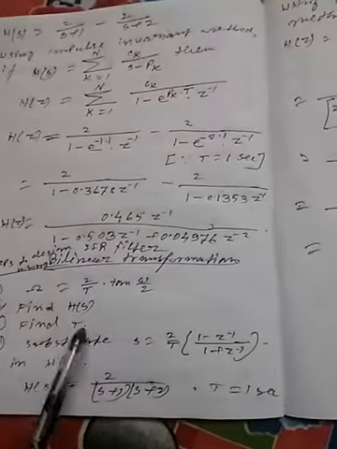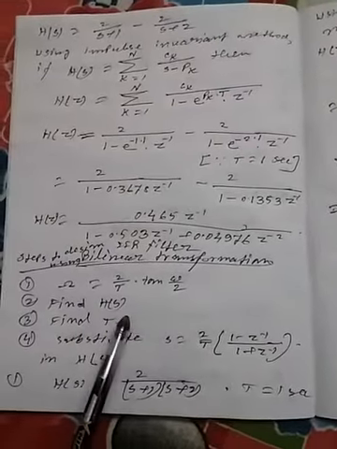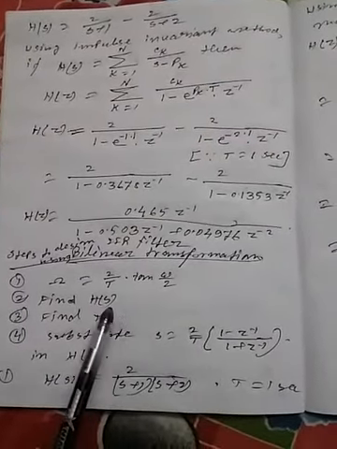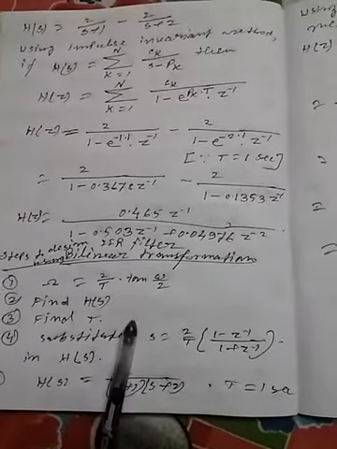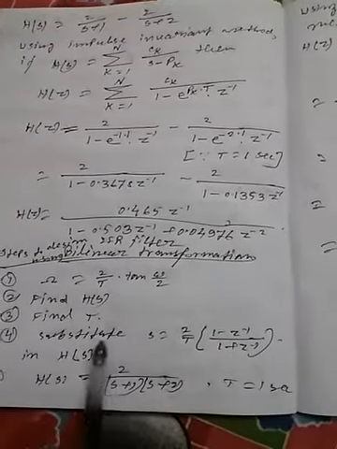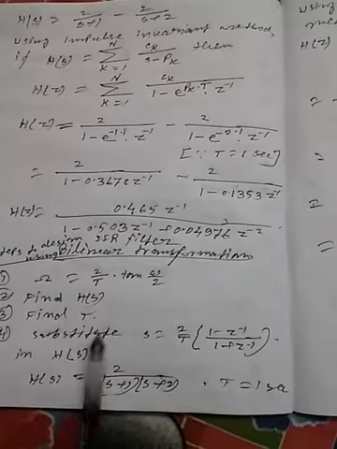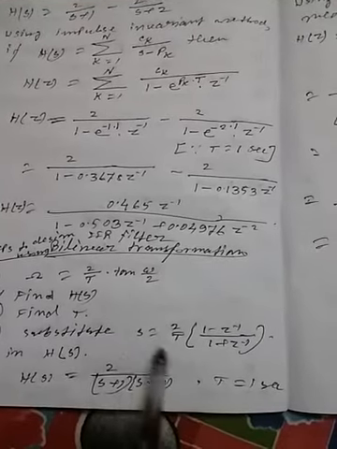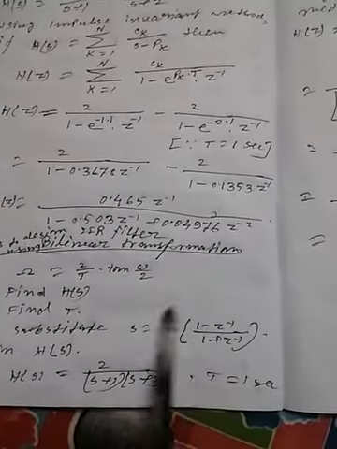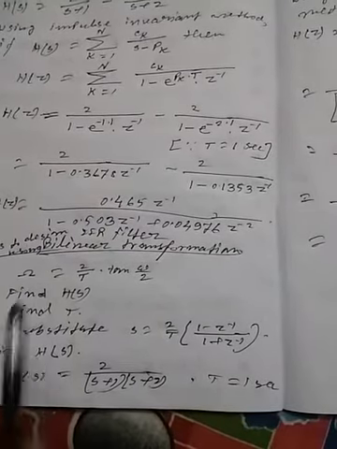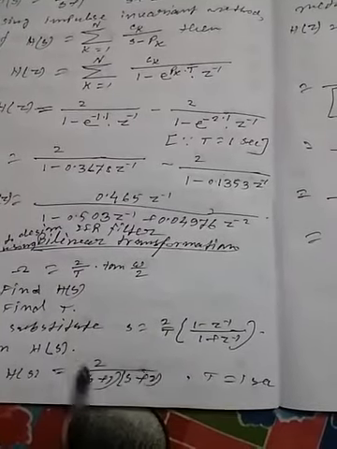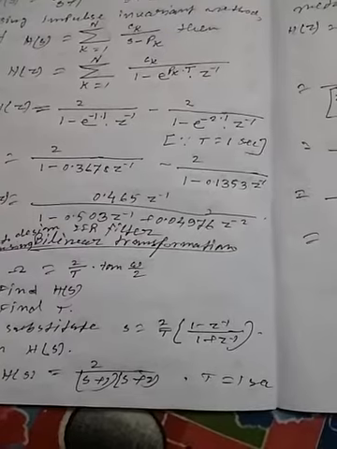Now find Hs in the conventional method for a Butterworth filter or Chebyshev filter. Then find the sampling rate and substitute s equal to this into Hs. So those are the steps.